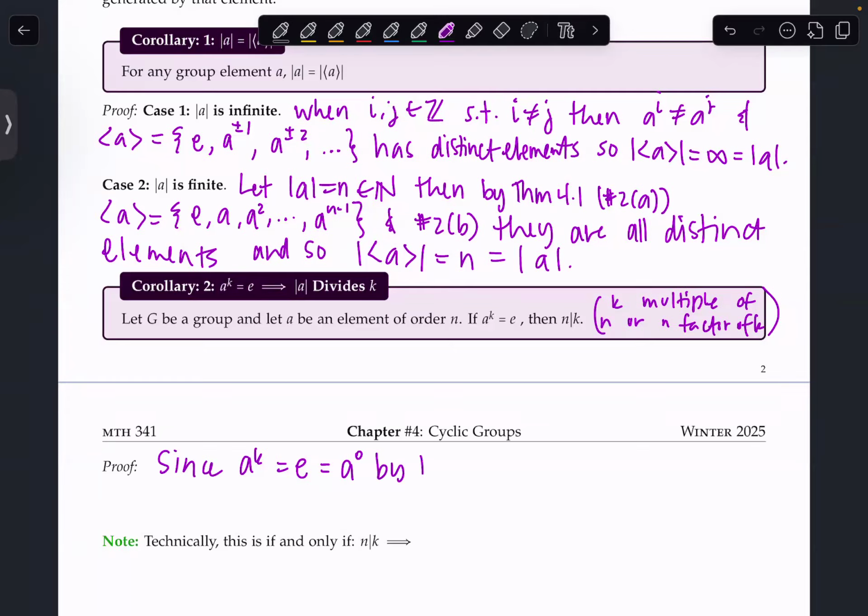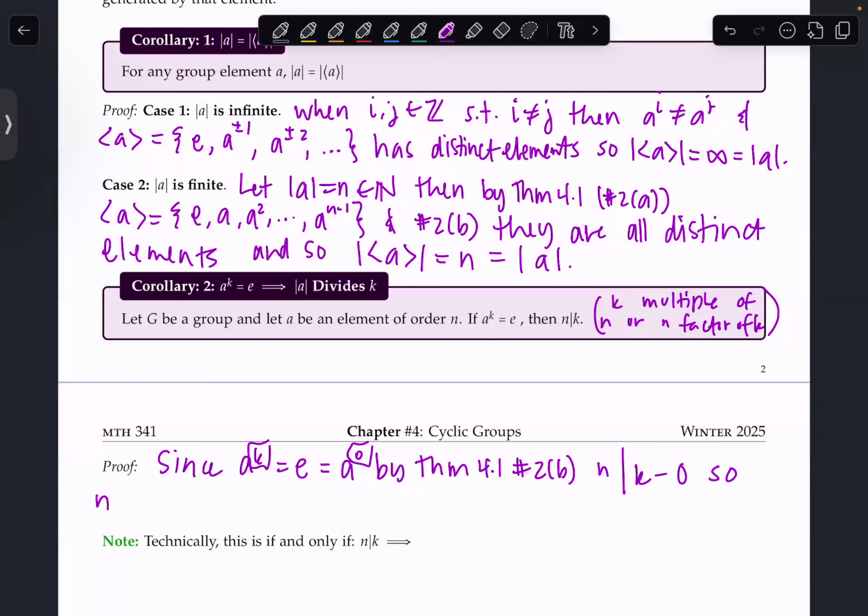Okay, and now by theorem 4.1, number 2b, what can I say about these powers? They're congruent to each other mod n. Technically, the way that the statement was stated here, it's saying that n divides this difference, but that means exactly the same thing.